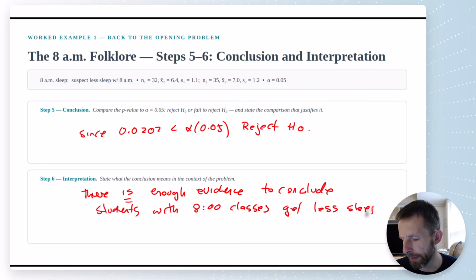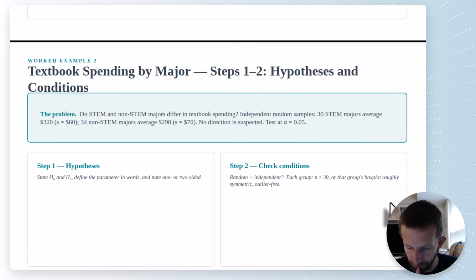Now, since it's an observational study, we can't say that 8 a.m. classes cause students to get less sleep, but there certainly seems to be an association between getting less sleep and 8 a.m. classes. All right, next one.